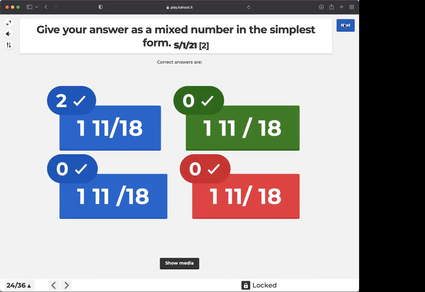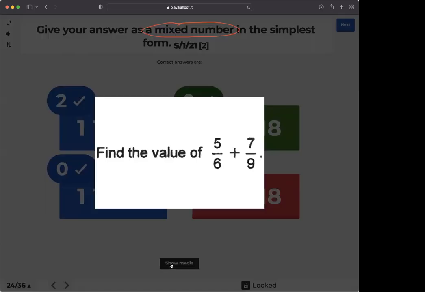The answer should be correct, right? Can you see the question here? It mentioned mixed number. Some of you did not use a mixed number, so you got it wrong. You must put your answer in as a mixed number. Some of you put an extra space. So do you all need me to explain how to do this question?